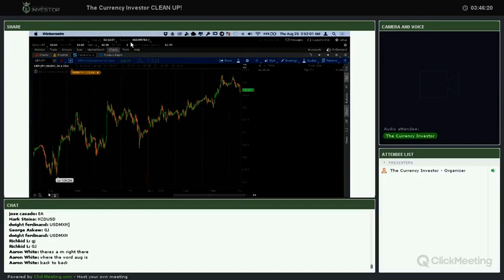We got some selling taking place. The asking prices below our bid, well, below our market price. Asking prices below our market price.